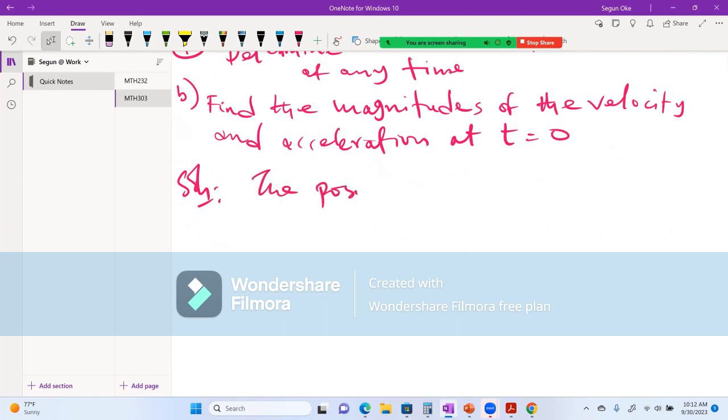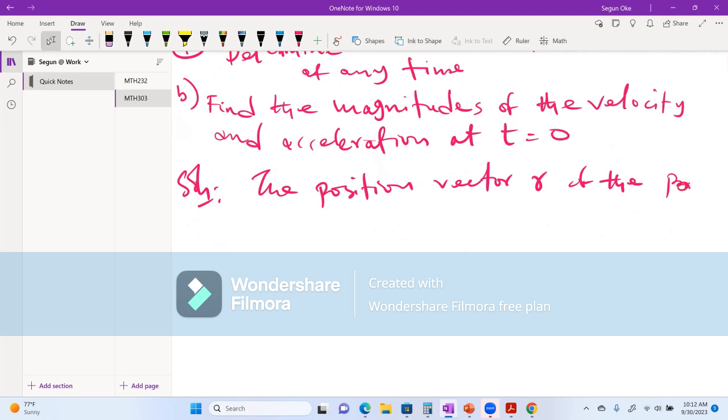The position vector of the particle, if I call it r, is r equals xi plus yj plus zk. Remember, I defined this first when we were about to start.